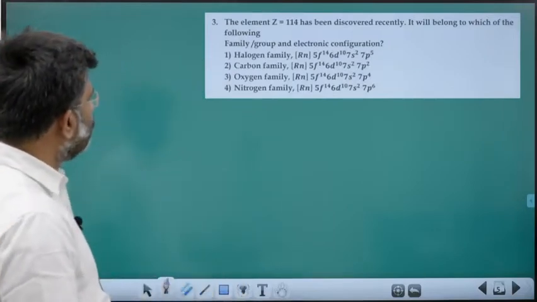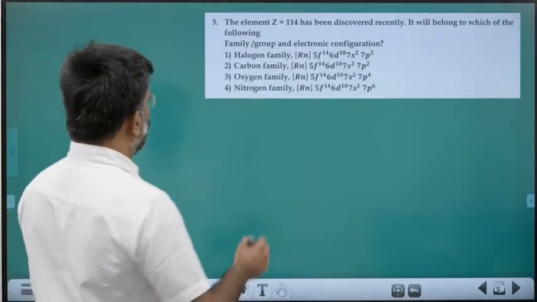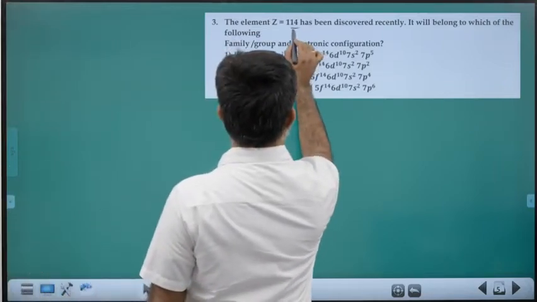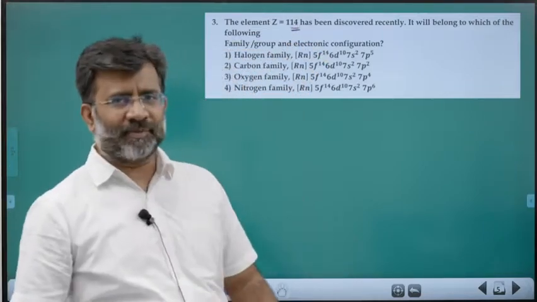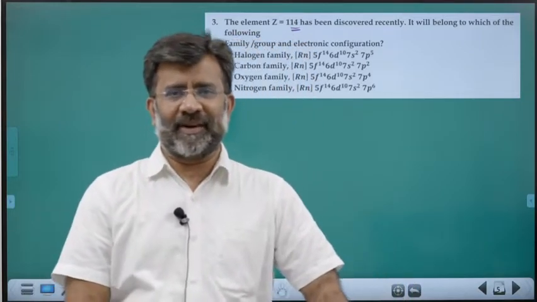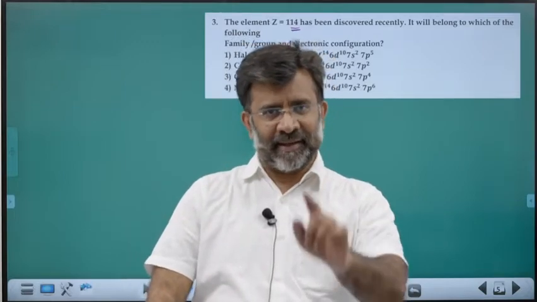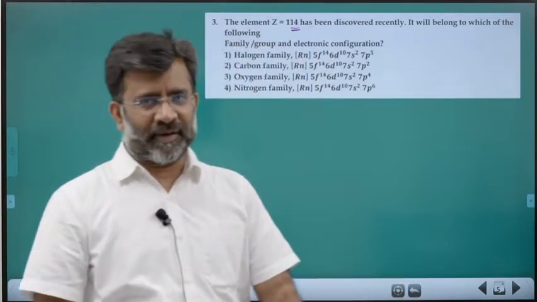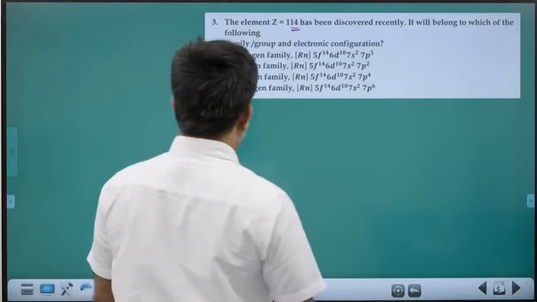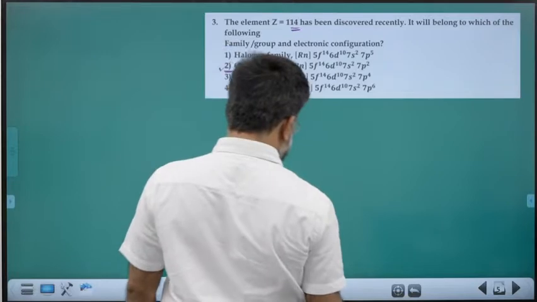Third question. Element 114 will be 14th group, 115 will be 15th group, 117 will be 17th group, 118 will be 18th group. 114 will be 14th group, the carbon family, second choice.